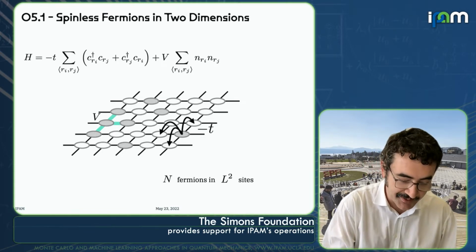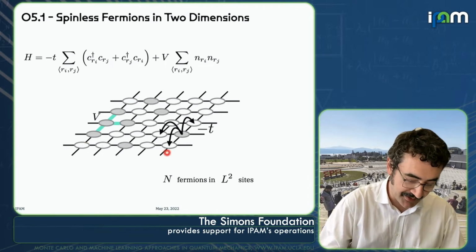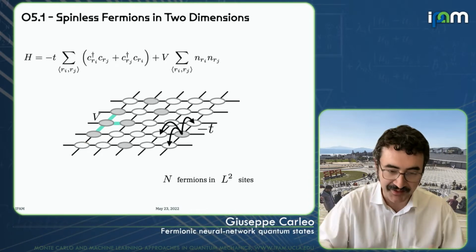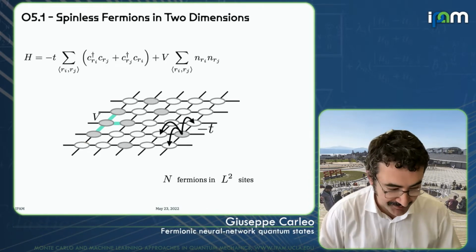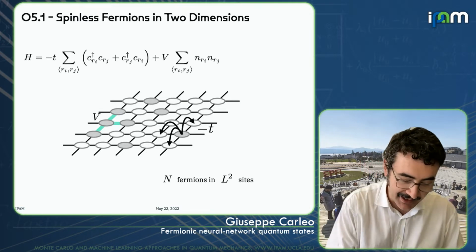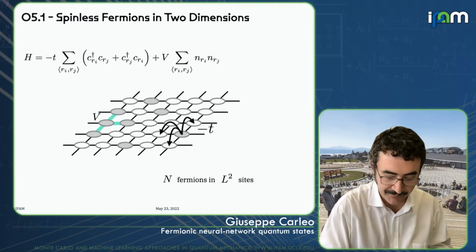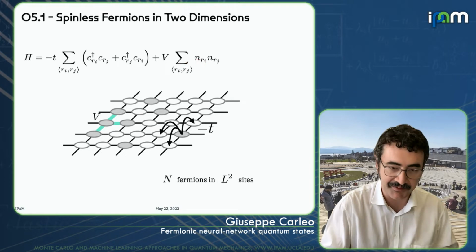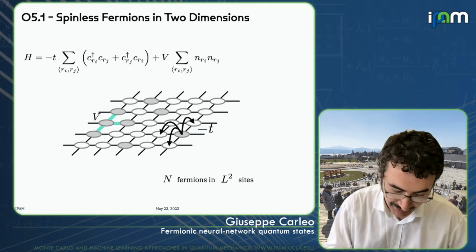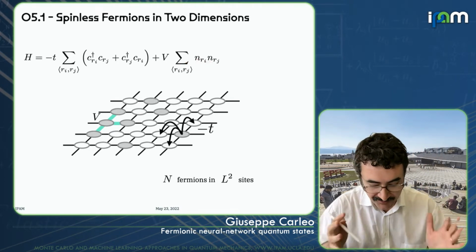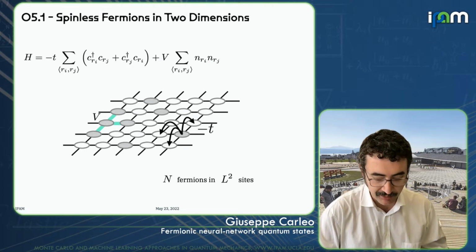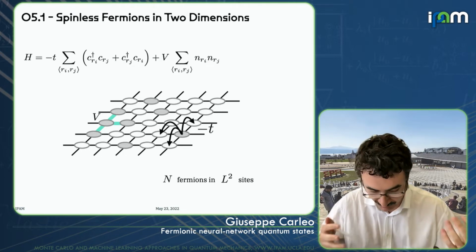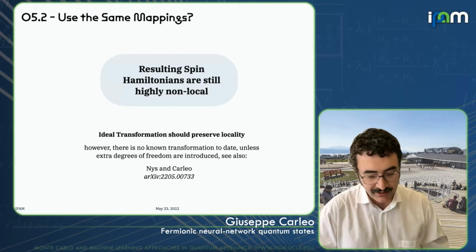The model that we study specifically is a periodic system on a lattice now. So I don't have a quantum chemistry basis, but I have a lattice. And I have spinless fermions hopping on a square lattice, with some nearest-neighbor density-density interactions. So this is also a relatively simple model of fermions in 2D, still not exactly solvable in general.